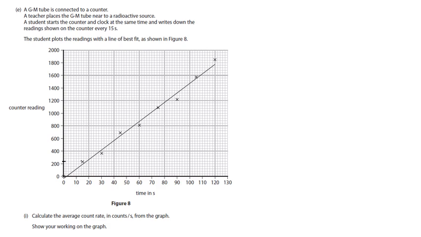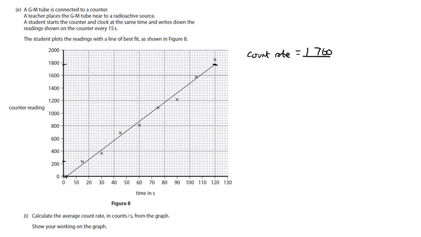So calculate the average count rate from the graph. What we'll do is take the total count here. So the count rate is going to be equal to, we're going to use the best fit line here. So that's about 1,760 divided by, well, you can see the first couple of seconds, nothing happens according to the line of best fit.